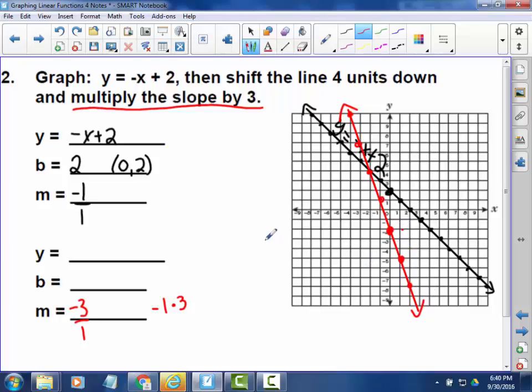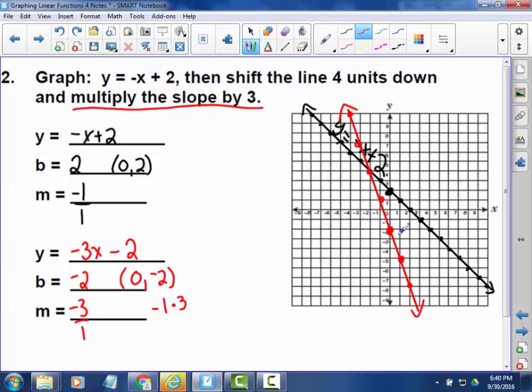Oh, we haven't got the equation yet. It's going through the y-axis at negative 2, so b is negative 2, just the coordinate 0, negative 2. So we put that together: y equals mx, so negative 3x plus b, which would be negative 2, so I'm just going to write minus 2.